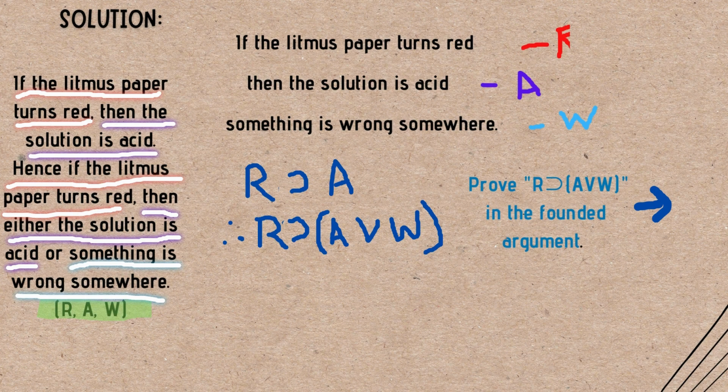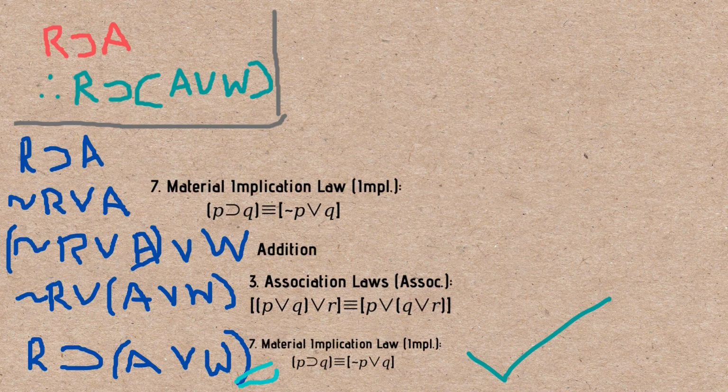So what are we going to prove? We are going to prove the conclusion. How are we going to prove the conclusion? Using the first two premises. We need to prove R implication, whole A disjunction W. So we take the first premise and apply material implication to it, and we get negation R disjunction A. Then we add the addition rule, so we add disjunction W also.